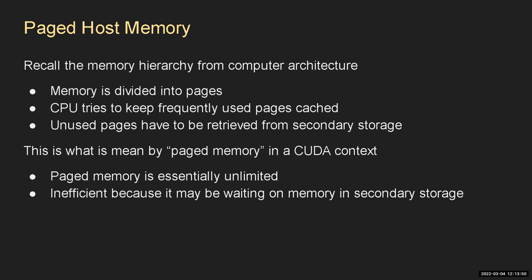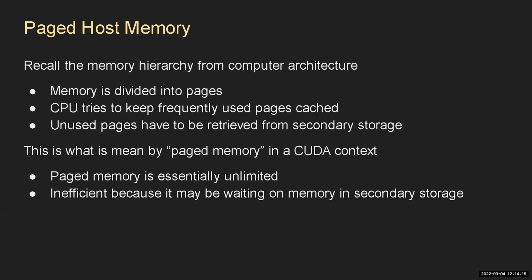So paged memory can be moved around on the host side. Because of that, you may actually be waiting to retrieve memory from secondary storage, or it may be in the cache and has to be moved to main memory for the GPU to use it. It can be essentially anywhere in host memory, on any of the memory devices, and it's inefficient because of that.